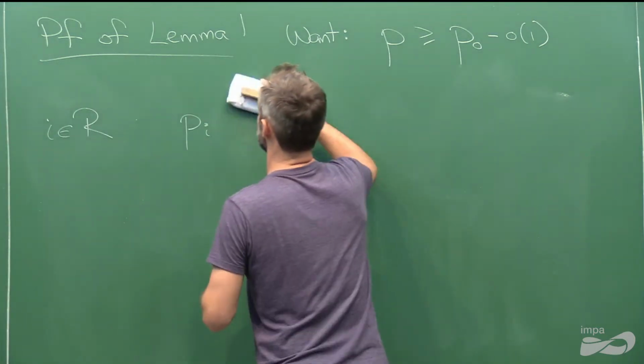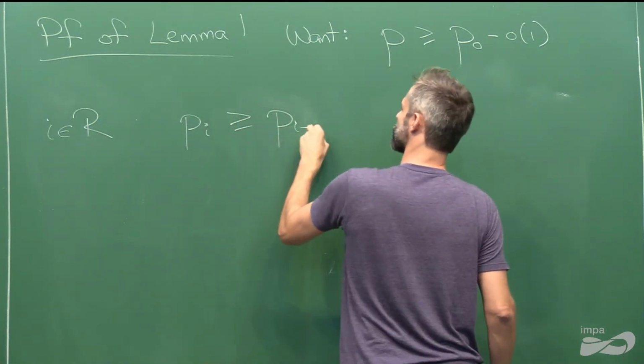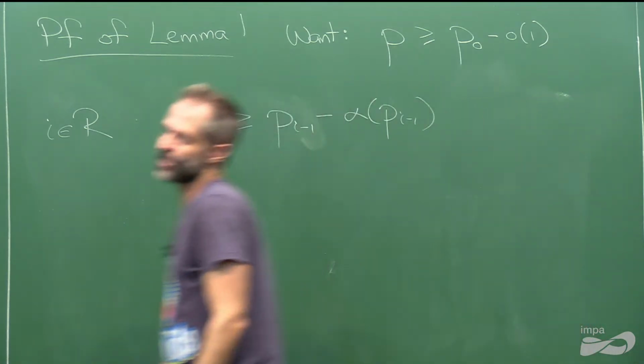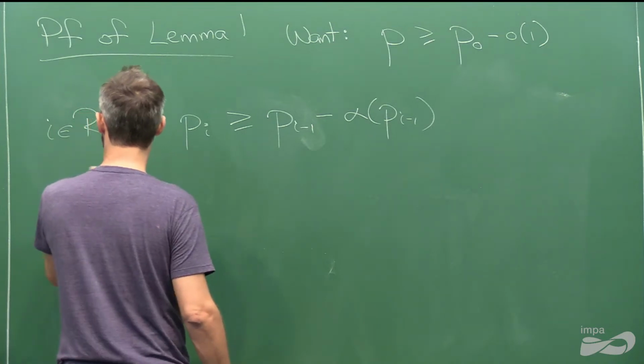In fact, p_i is at least p_{i-1} minus alpha of p_{i-1}, because that was how we defined the red step. Okay, very nice. What about when i is in B?